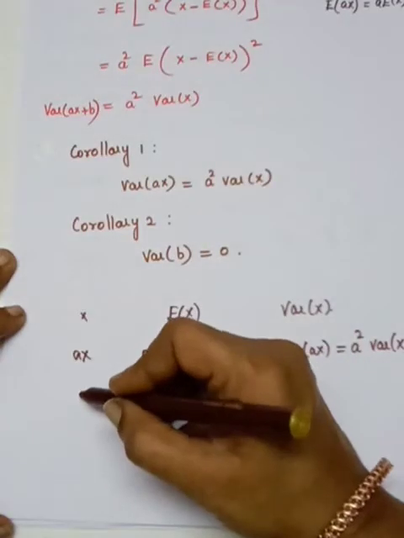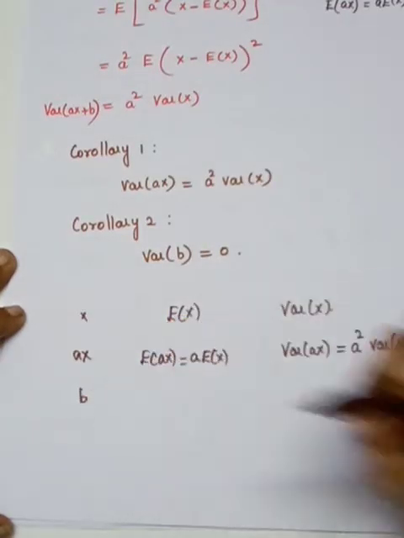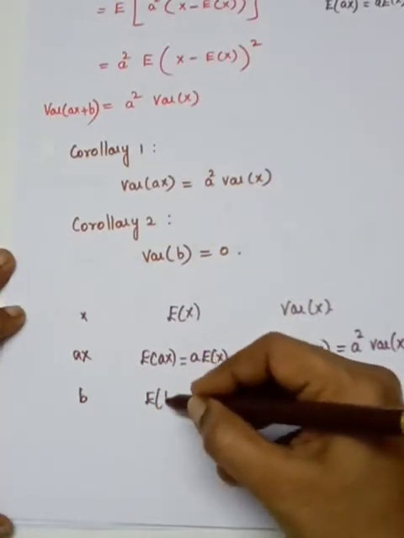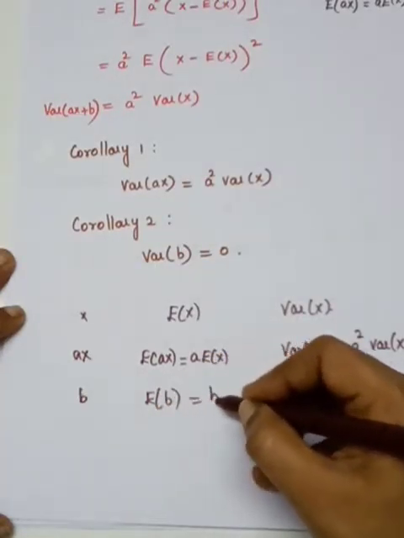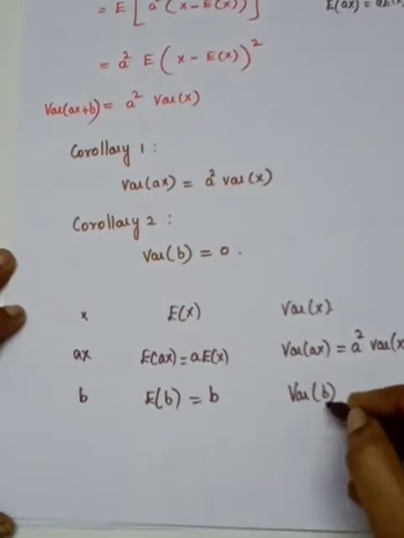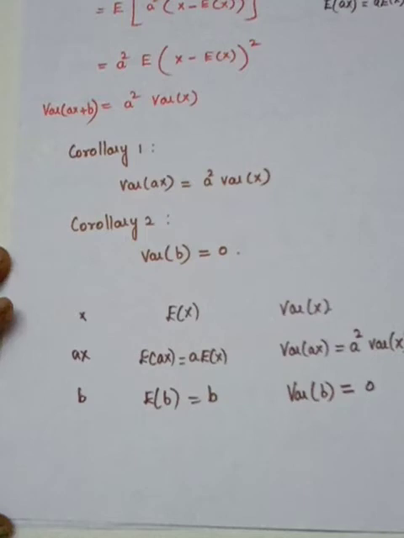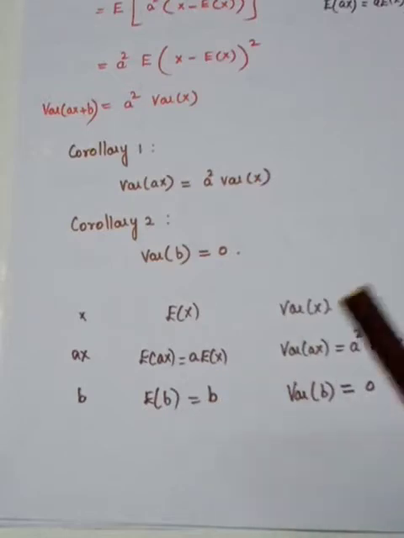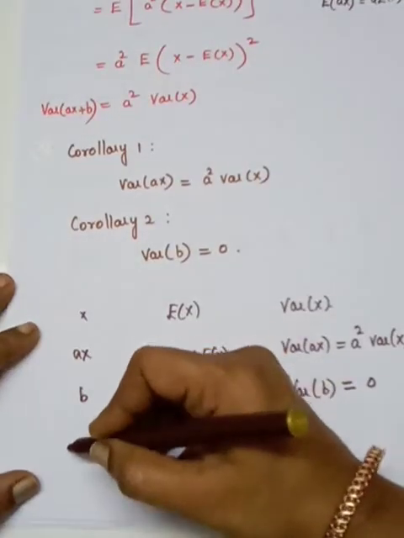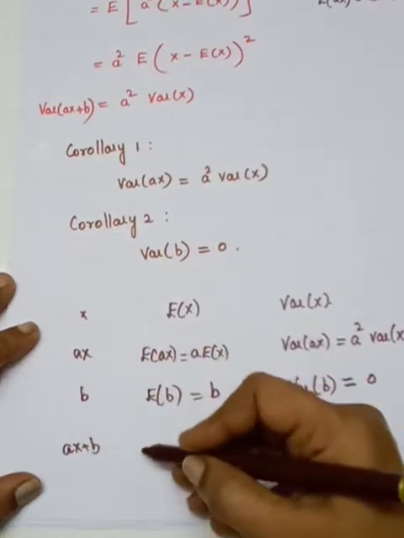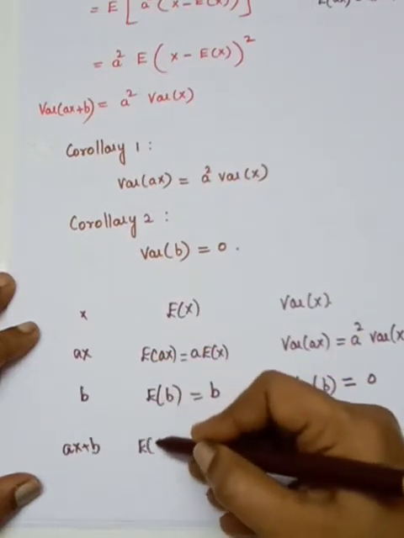Next, I am going to write the constant b. Only the constant. What is E of b? E of b is equal to b. And the variance of b is equal to 0. So the variance of a constant is equal to 0, but the expected value of a constant is the constant itself. Therefore, if you combine, for the linear term ax plus b, what is E of ax plus b?